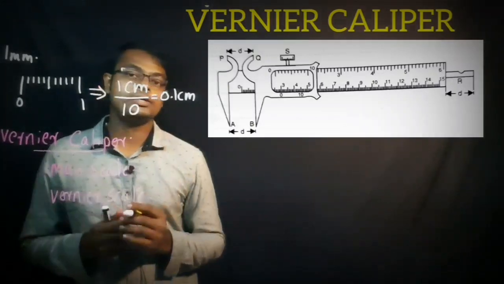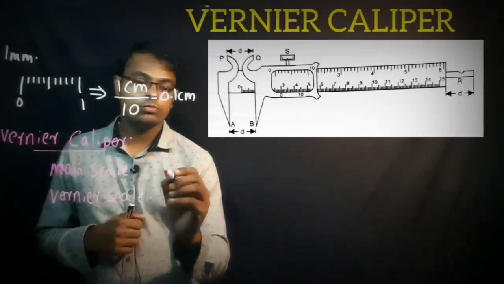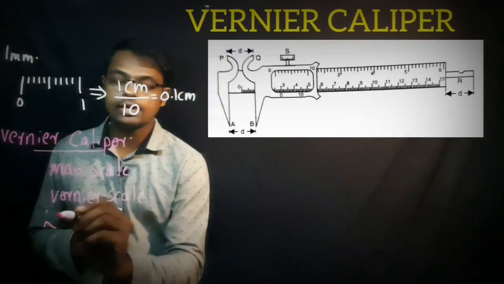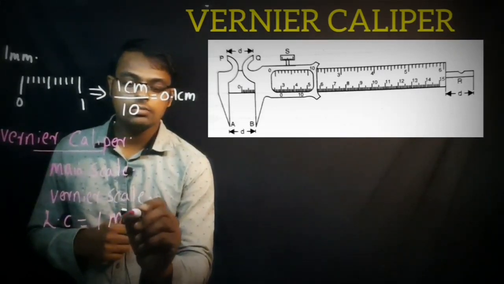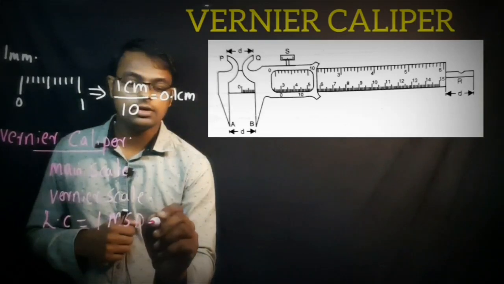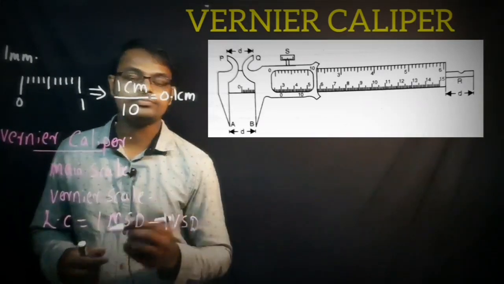So how to calculate the least count of a vernier caliper? The formula for least count of vernier caliper is here. Least count is equal to 1 main scale division minus 1 vernier scale division.